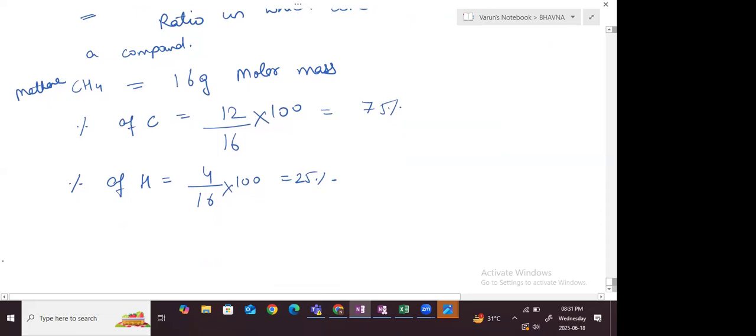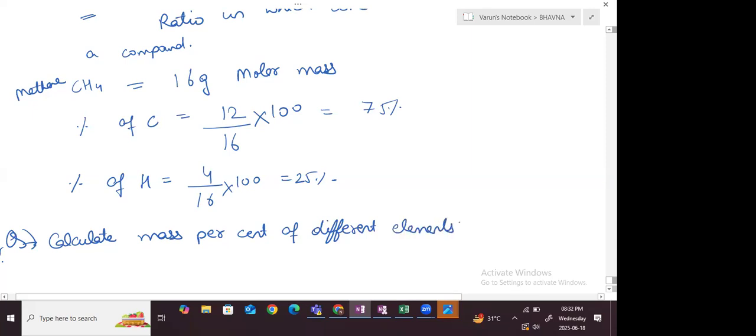Next is the question. Calculate the mass percent of different elements in sodium sulfate, Na2SO4. This is homework. It's based on the concept which you have been taught just now. The sum of the percentage composition of all the elements is always 100.